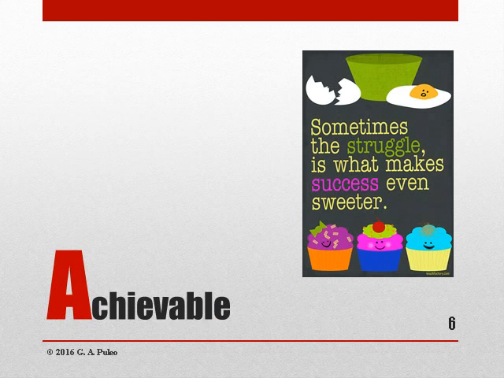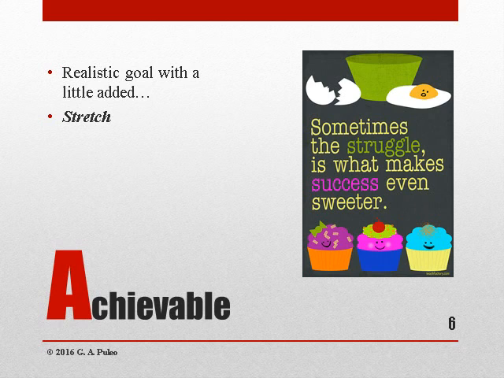The next area of a SMART goal is that it has to be achievable. And this little cartoon says that sometimes the struggle is what makes success even sweeter. An achievable goal is one that's realistic, but it's got a little added something. And that little added something is that it provides stretch to what it is that you can currently do.